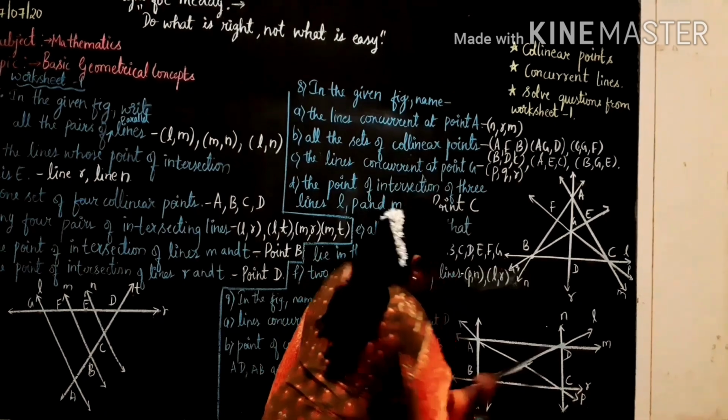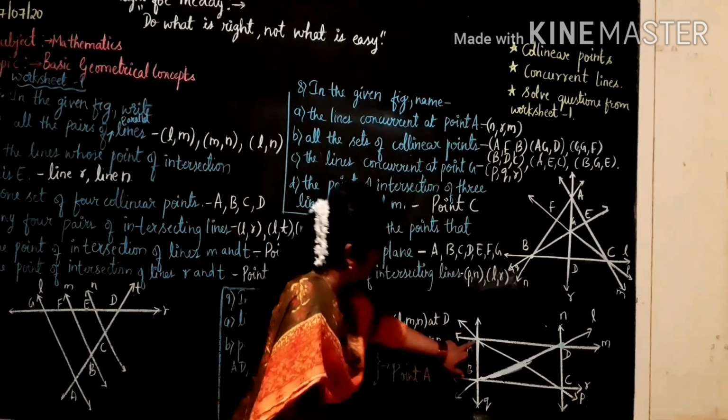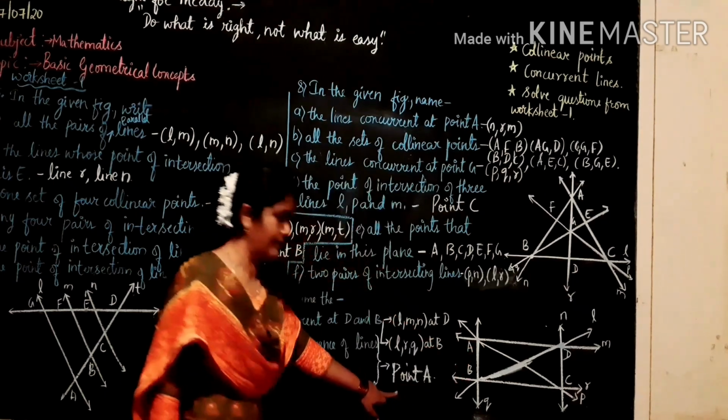Line AD, line AB and line AC are concurrent at point A.